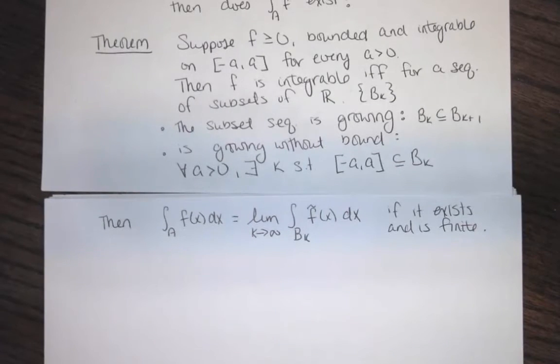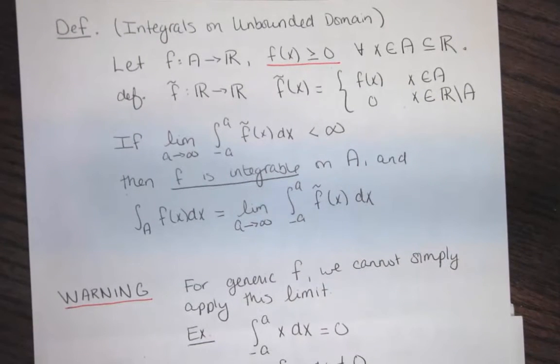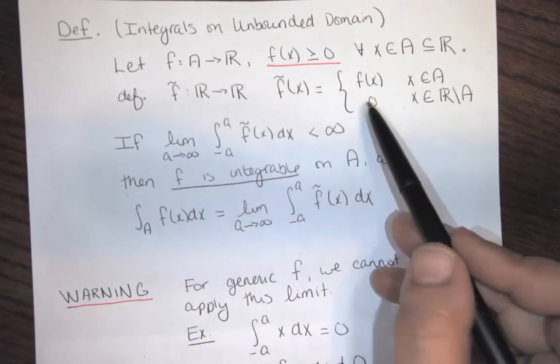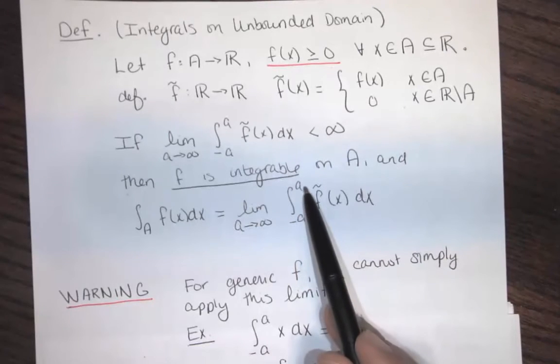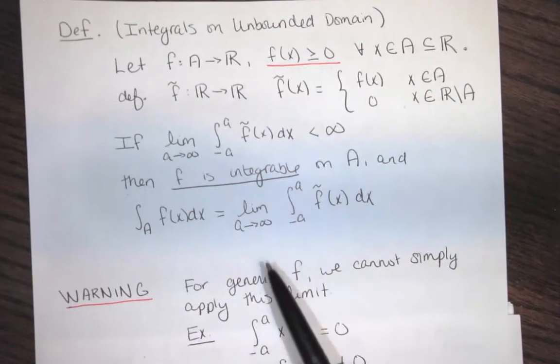So, just to review, we've defined an integral on an unbounded domain by extending our function to all numbers by letting it be 0 outside of its domain, and then taking a limit as the lower and upper limits go off to negative and positive infinity.